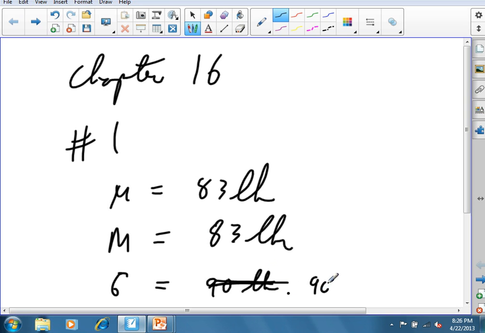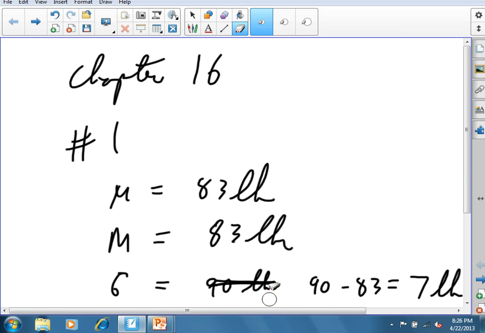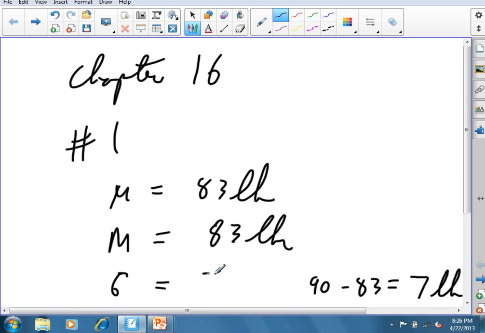No, 90 minus 83, the standard deviation is 7 pounds. Going too fast. Is that the problem? 7 pounds.